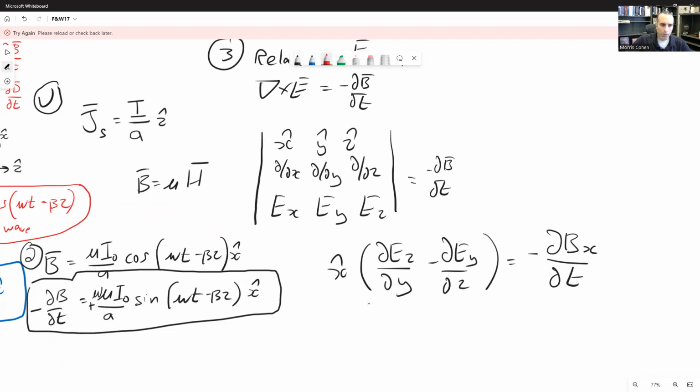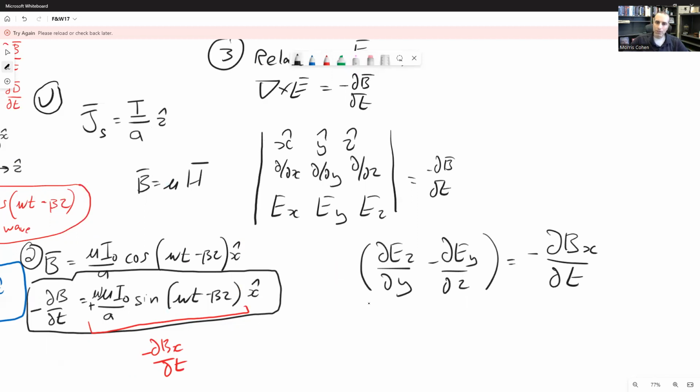Where this portion right here is negative dBx/dt. So we can substitute that in. Now let's simplify this a little bit further. Now that we have this x term right there, we can get rid of that because we're only focusing on the x component of this equation.